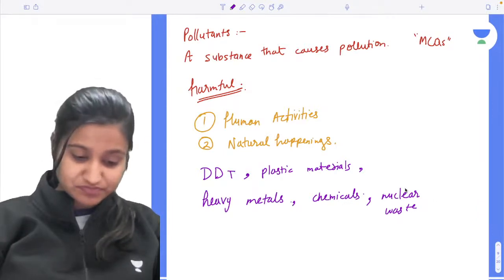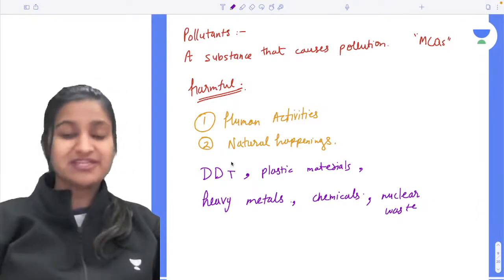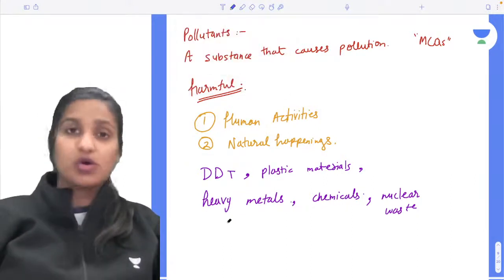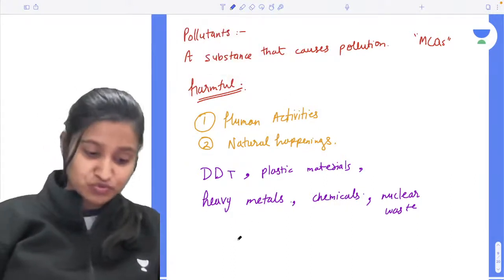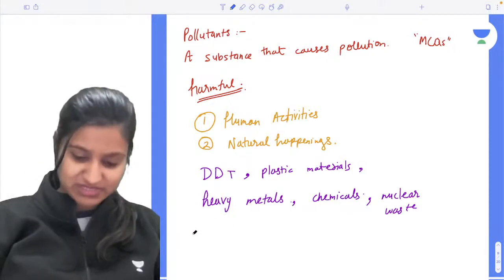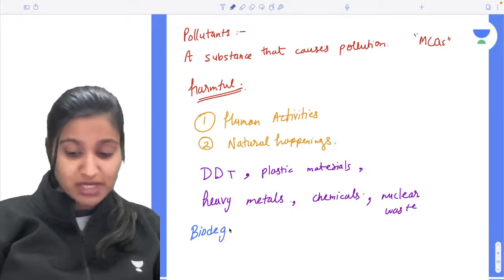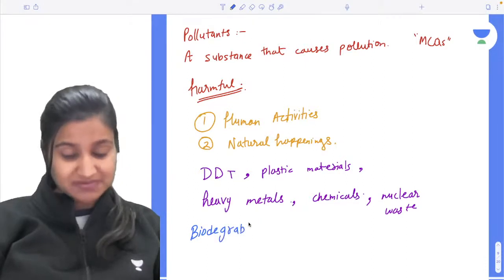Now if you look at the pollutants, these can be biodegradable and non-biodegradable. What are biodegradable substances?